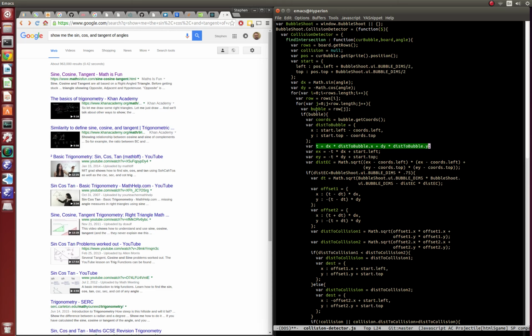Because we've drawn a point between the center of the circle and the starting point, and we have offset this value. I don't really get why that's true.